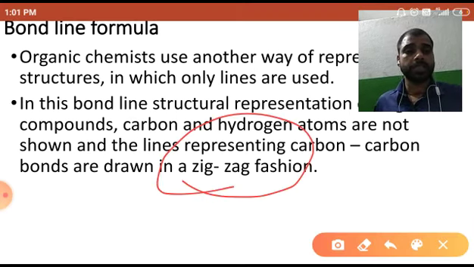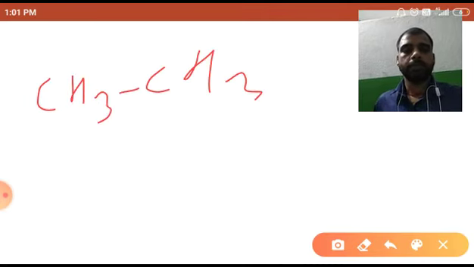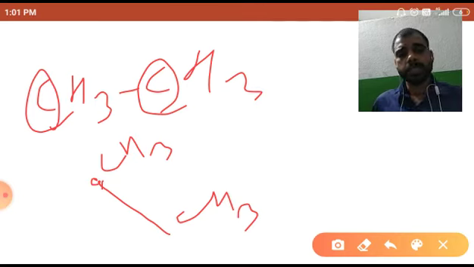Now if you have to write the structure, you can see here, if I have CH3, this carbon and this carbon, here one dot is there, this one is CH3.